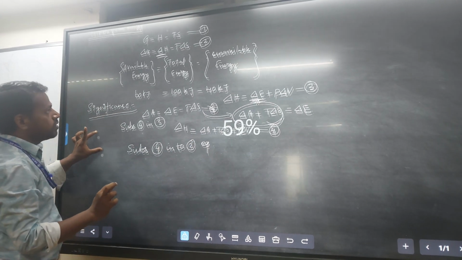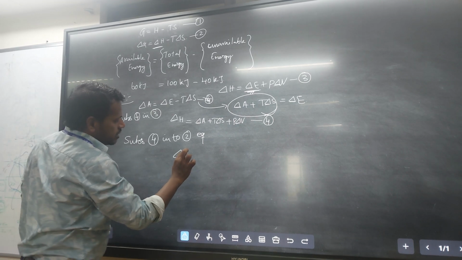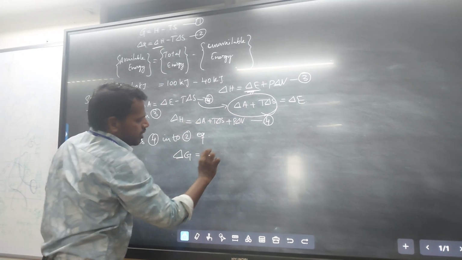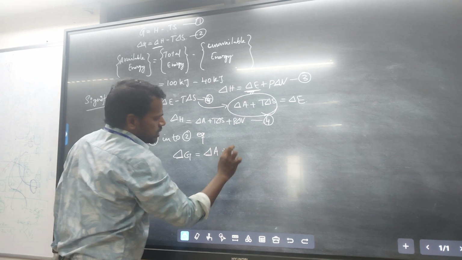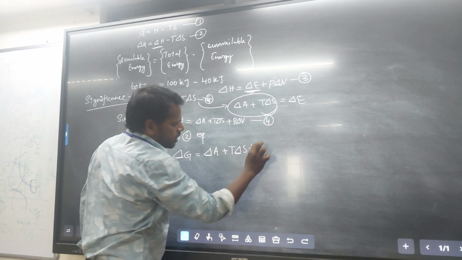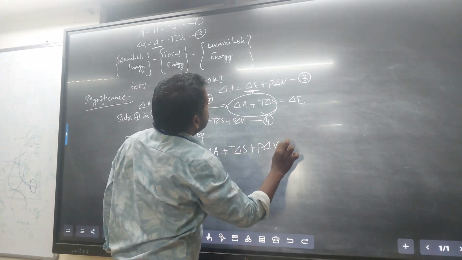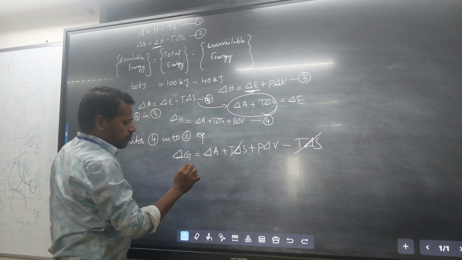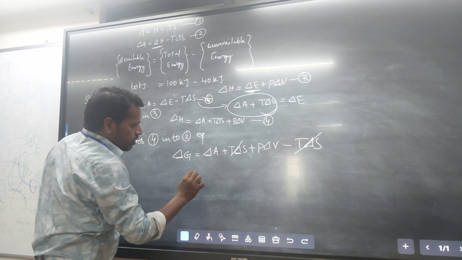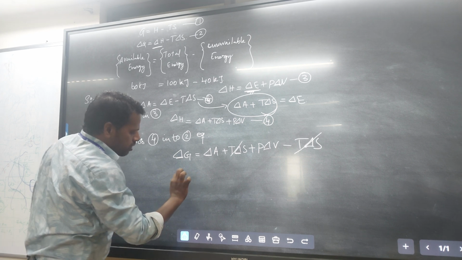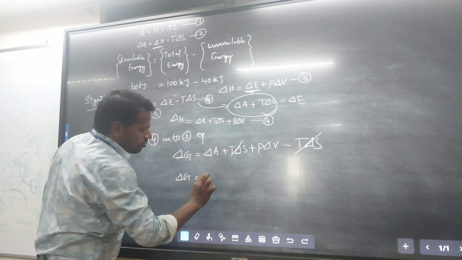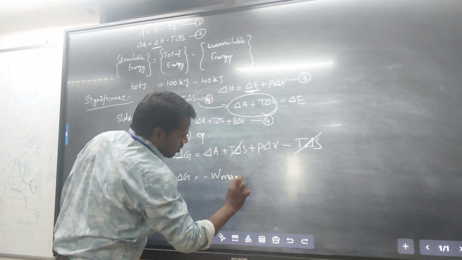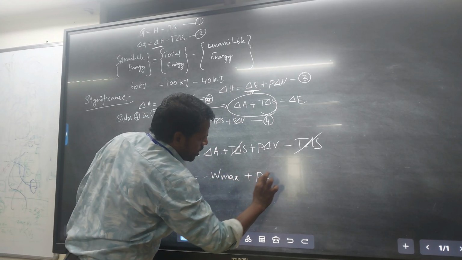What we get? Delta G equal to, instead of delta H we have to write delta A plus T delta S plus P delta V minus T delta S. Now you cancel the common term. Delta G equal to minus W max plus P delta V.